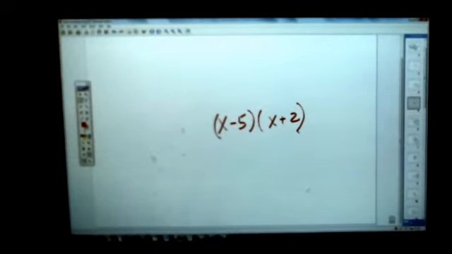The middle term will be what you get when you put the outers and the inners together. The outer is 2x, the inner is minus 5x. The combo of those is negative 3x. And then the last term will be negative 10.